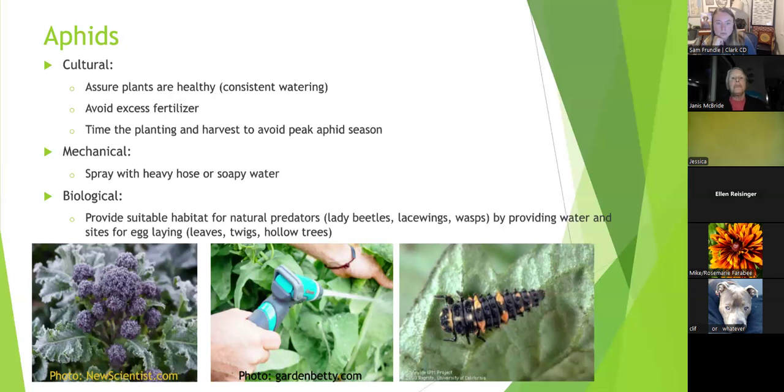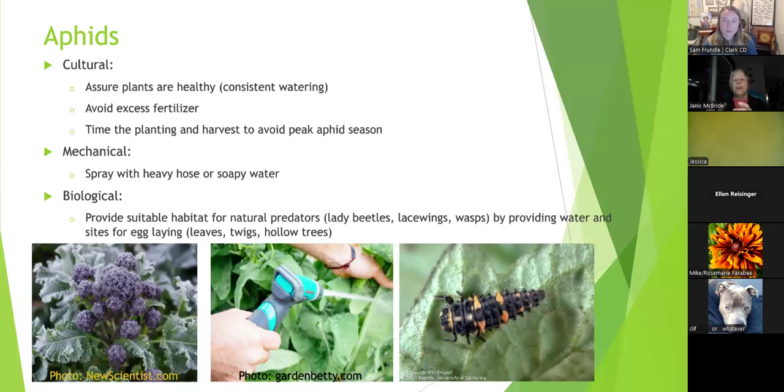Another thing we can do is mechanical, so we're moving up that triangle mechanically. We can spray with a heavy hose or soapy water. Just spray them off, right? That's what I love to do with my aphids. At the farm, we do get aphids, especially on certain types of vegetables like cabbage. They love it.